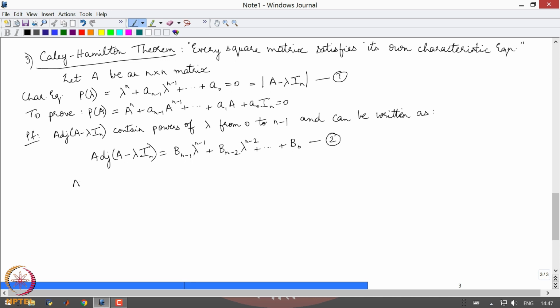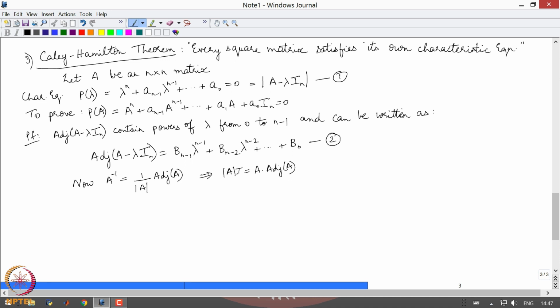Now, if we take the formula for A inverse as 1 by the determinant of A times adjoint of A, I can send determinant of A to the other side and write it like this. So, I took A inverse, I put the determinant of A to the other side.